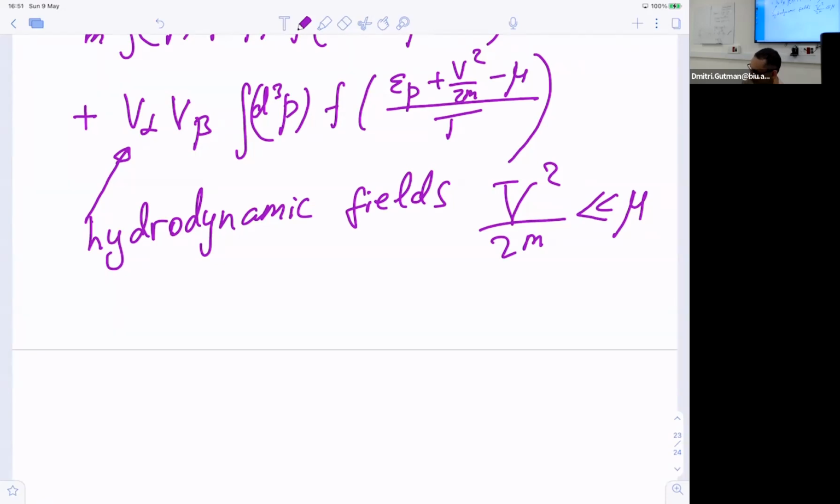So essentially you compare the hydrodynamic velocity v with Fermi velocity. Fermi velocity is typically 10 to the power 6 meters per second. So unless you are willing to study fluid that flows at almost relativistic speed, you can safely ignore these terms.